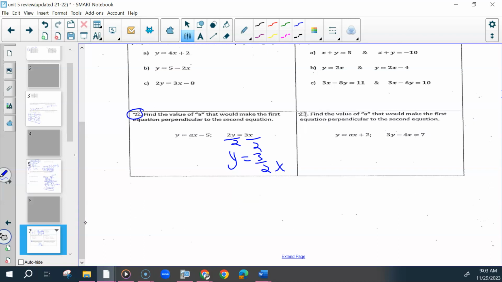And if the first equation has to be perpendicular, what would that slope be? -2/3. So we would say A equals -2/3. Now if it asks you to find the slope that is perpendicular, specifically, you would put m equals, but in this case it specifically said A, the value of A.